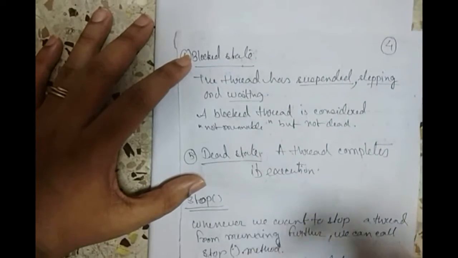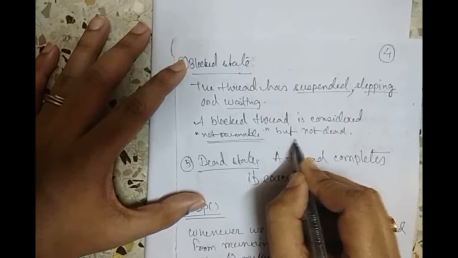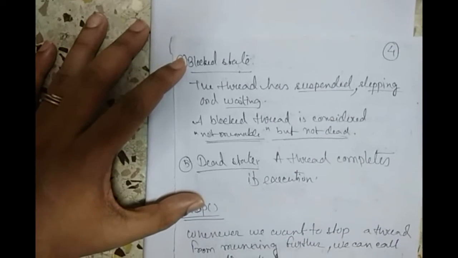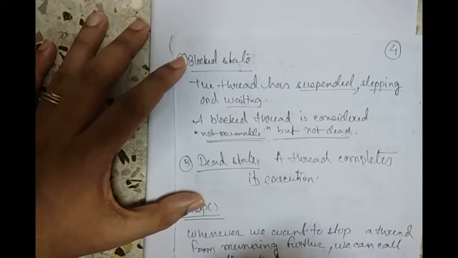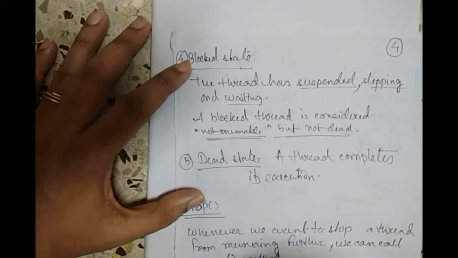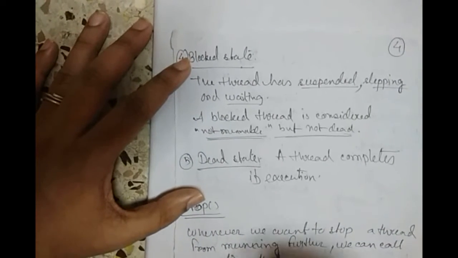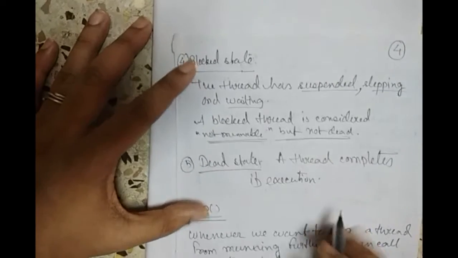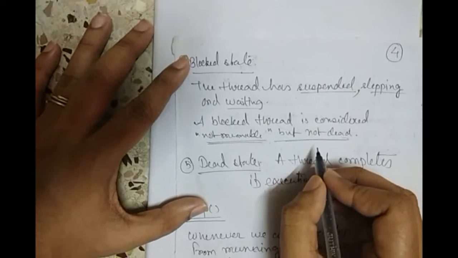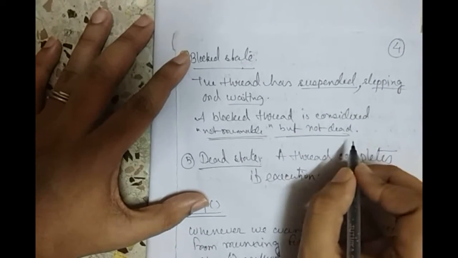A blocked thread is considered not runnable but not dead. So be careful that whenever a thread goes to the blocked state, it is not dead but it is not runnable also.